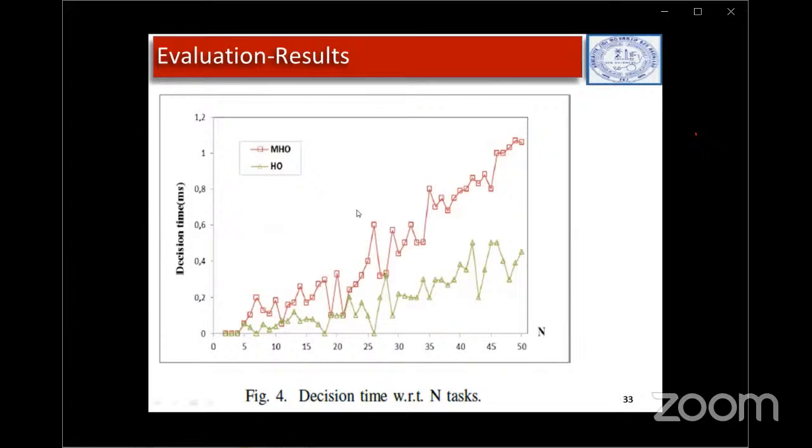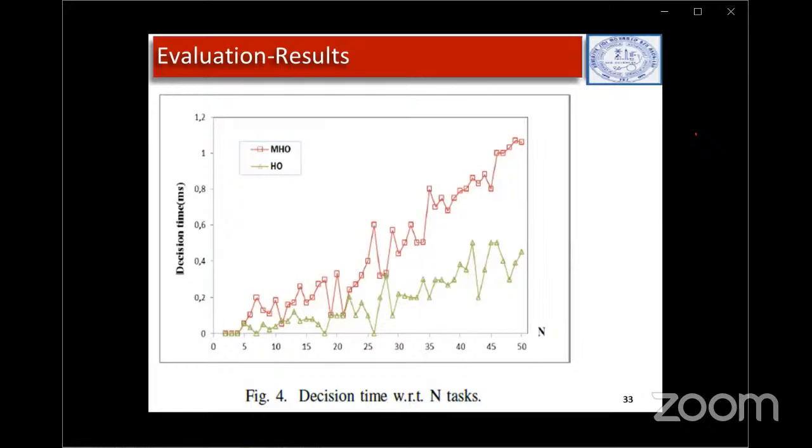This figure illustrates the execution time comparison for all the methods with n between 2 and 50. On the one hand, the HO curve illustrates a near linear running time that starts from 0 and reaches 0.5 milliseconds.